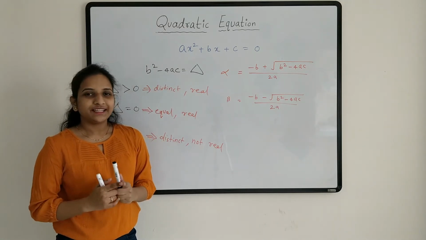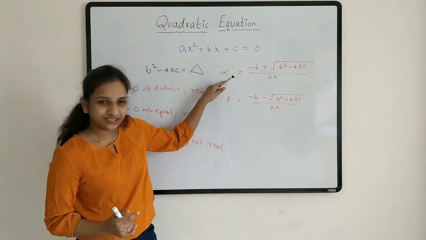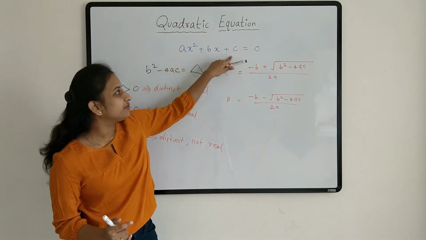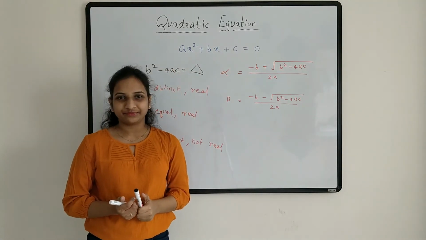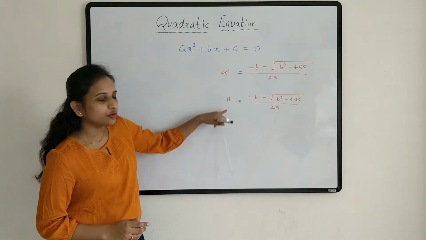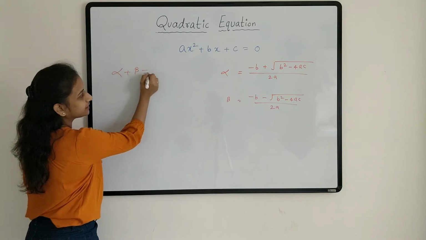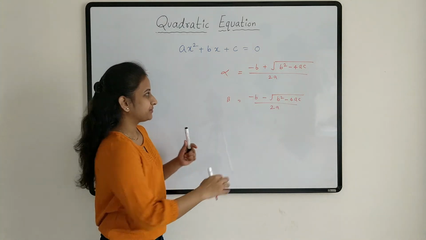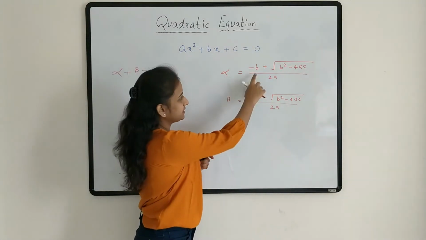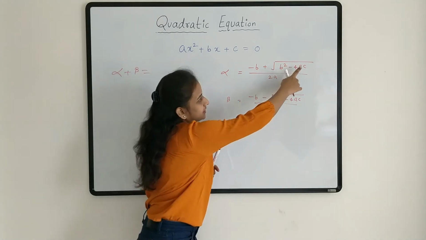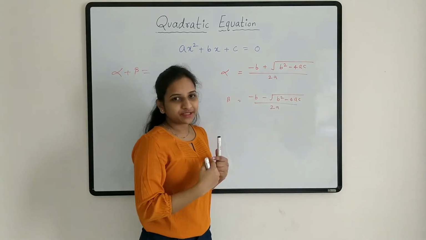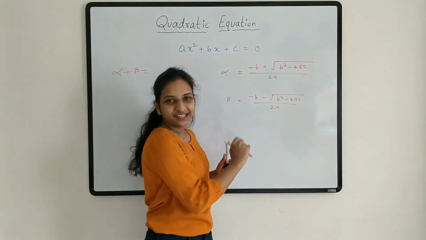Now let's see the relation between roots and coefficients of the quadratic equation. Let's add the roots here. Alpha plus beta. Then what will we get? If we add these two terms, if you observe this square root term gets cancelled. One is positive, one is negative.